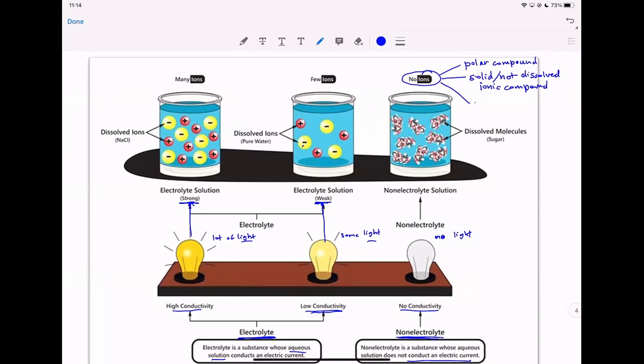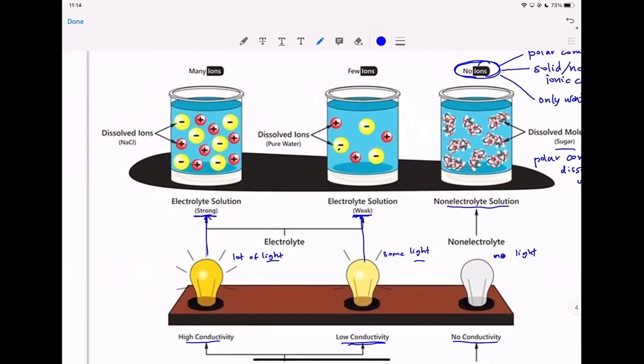Or you could only have water, so there are no ions in there because there's nothing else in there. Those are the possibilities, but this shows the possibility of the sugar. This is a polar compound that's dissolved in water. And so that is an aqueous solution, but you don't have electricity because there are no positive or negative ions.